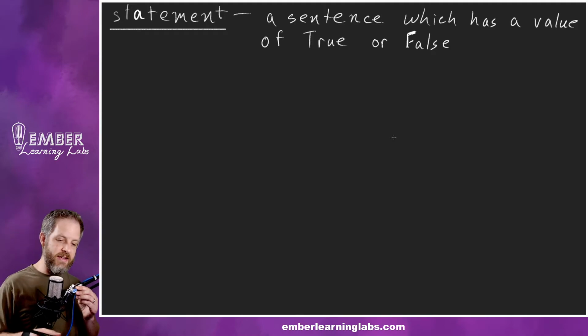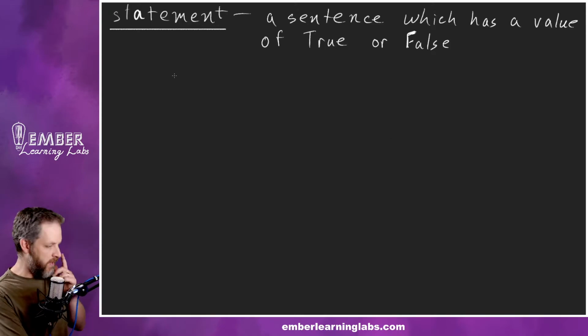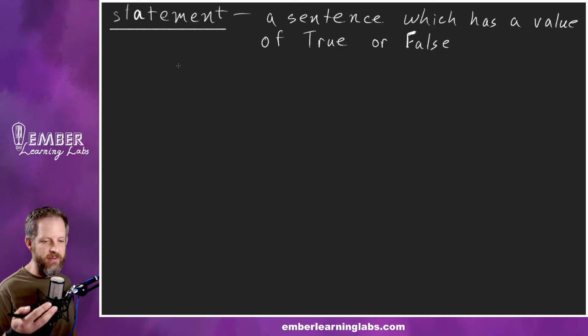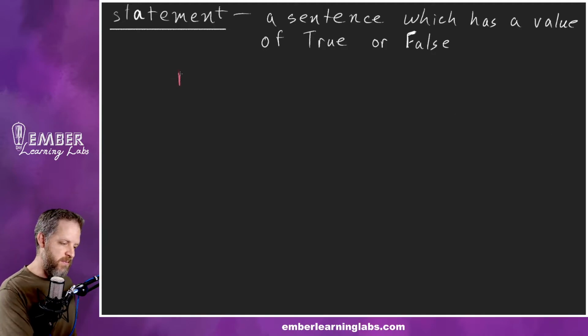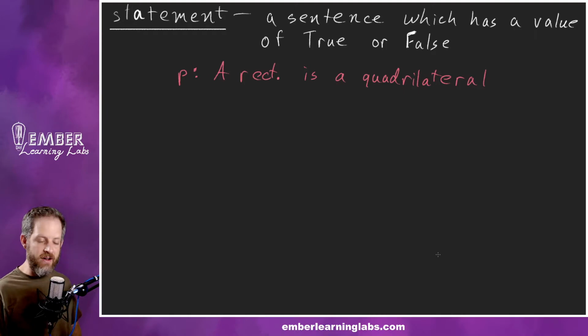An example of that might be the statement, and we label statements typically with letters. If we have one statement, we label it as P. So we might have the statement P: a rectangle is a quadrilateral. That statement has a true or false value.